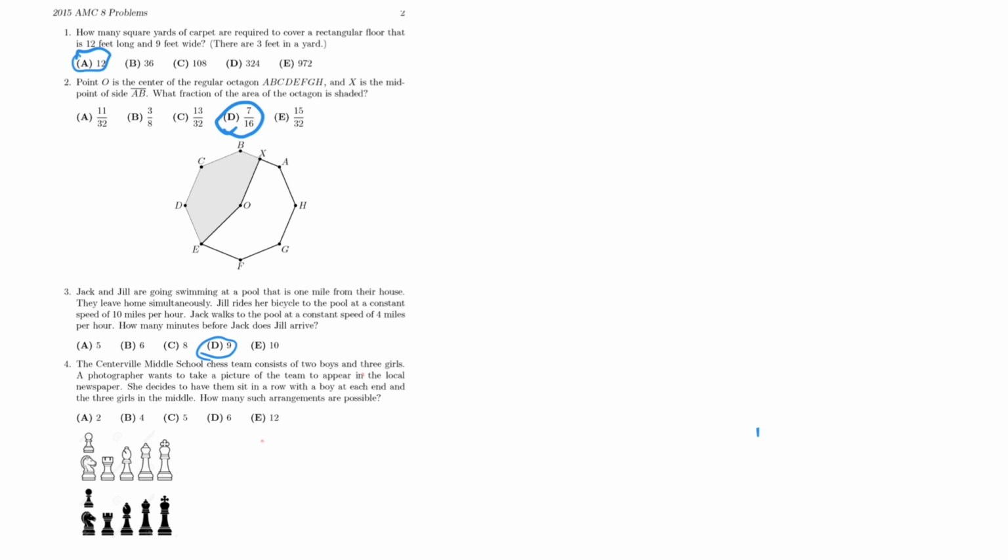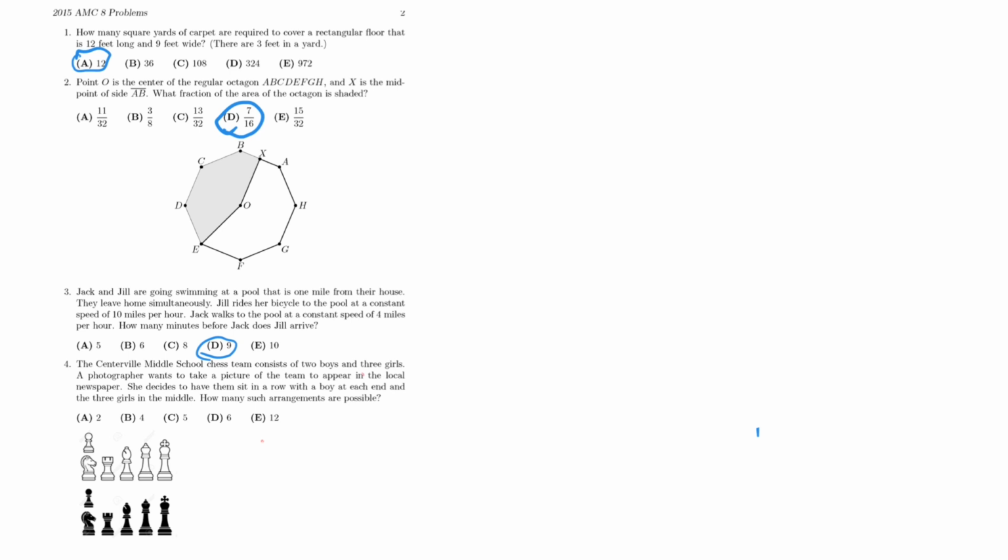Number 4. The Centerville Middle School chess team consists of 2 boys and 3 girls. A photographer wants to take a picture of the team to appear in the local newspaper. She decides to have them sit in a row with a boy at each end and the 3 girls in the middle.